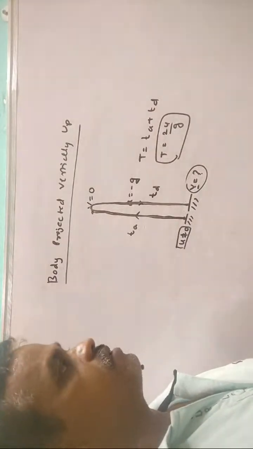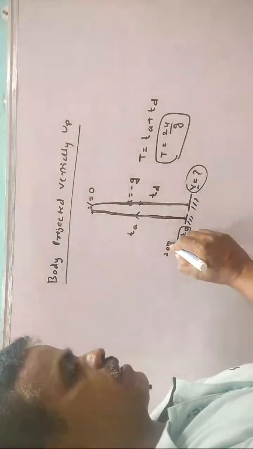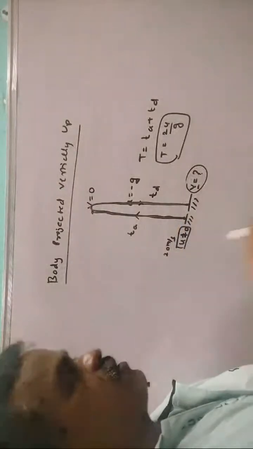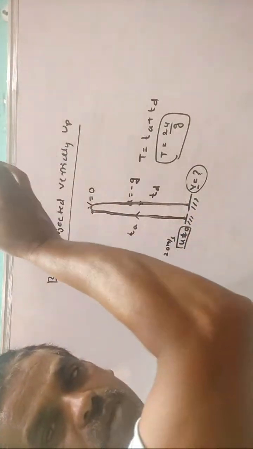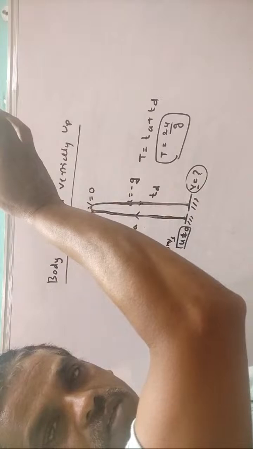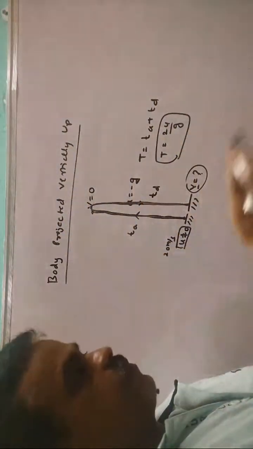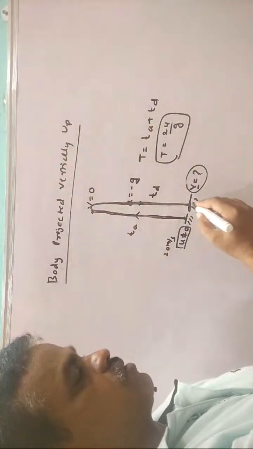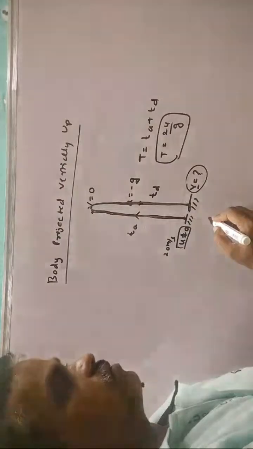So can you guess? For example, if we project with 20 meter per second, after reaching maximum height the final velocity of the body is 0, then it comes back to the same projection point. If we reach the same projection point, what is the velocity here?